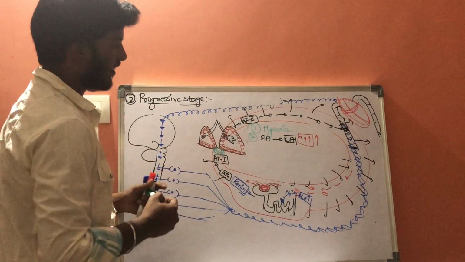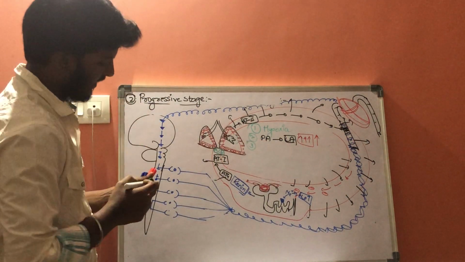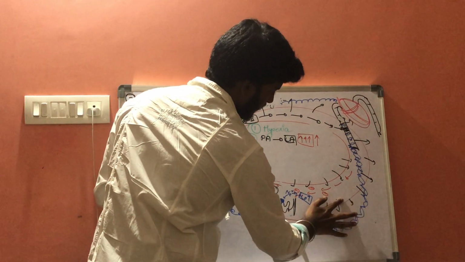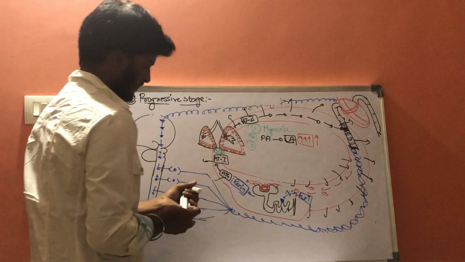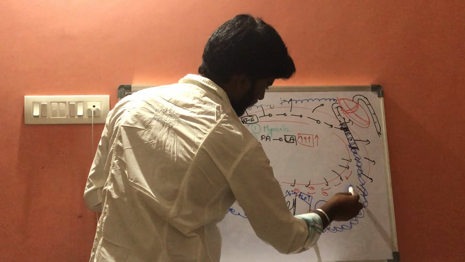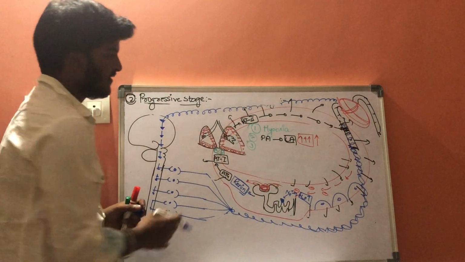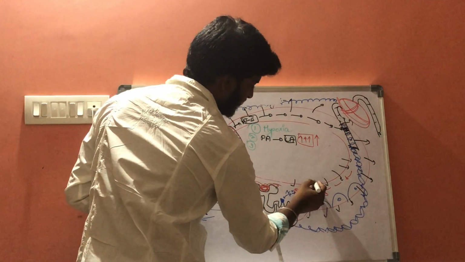And the third characteristic feature of the progressive stage: let us consider these are the endothelial cells. These endothelial cells of the vascular system will release nitric oxide.